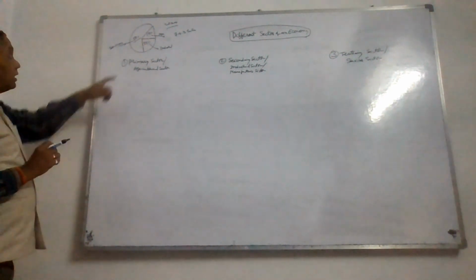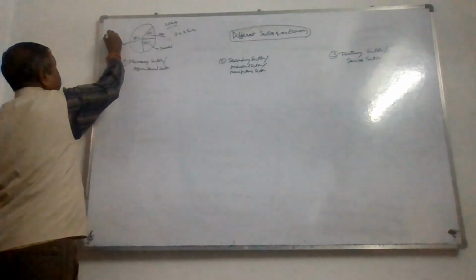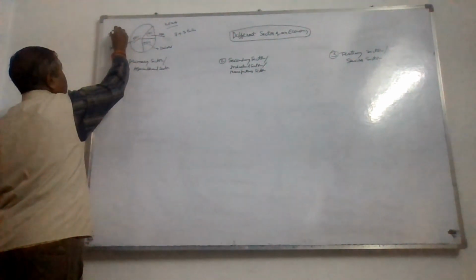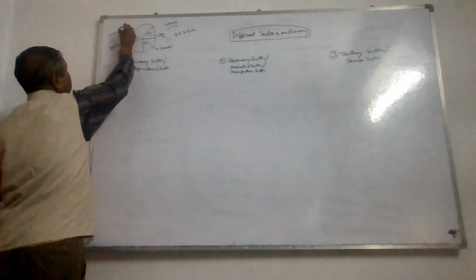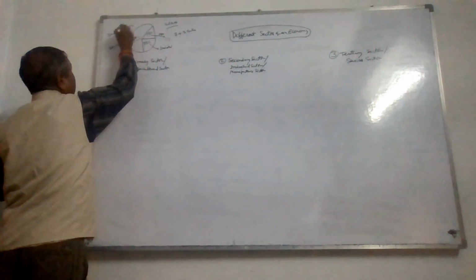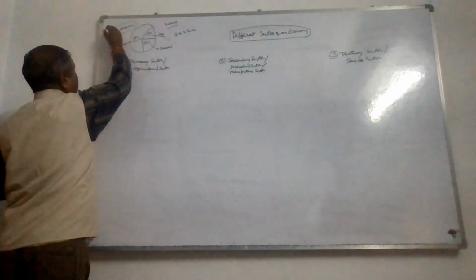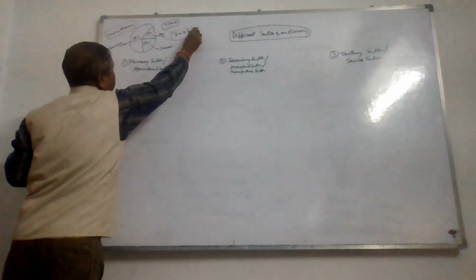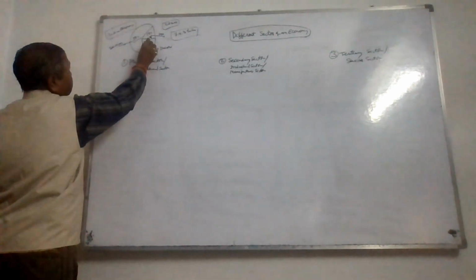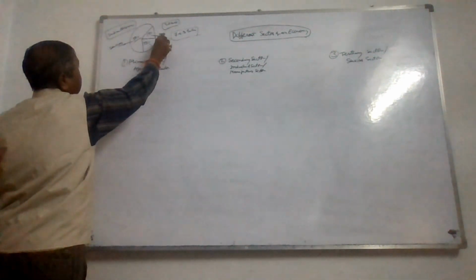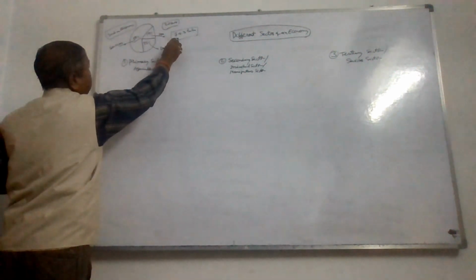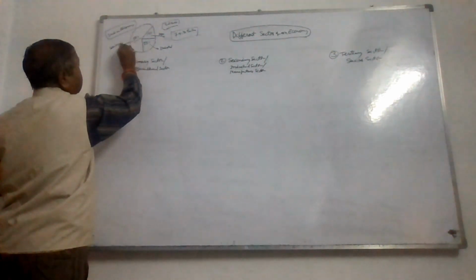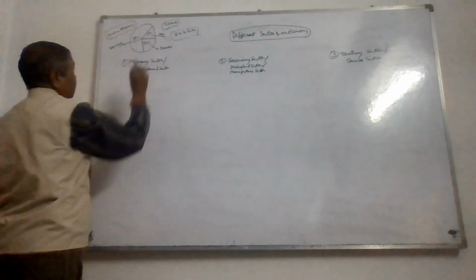This is the Indian economy. In 2024, out of 4.3 trillion, 17% was contributed by the agricultural sector, 33% by the industrial sector, and 50% by the services sector.